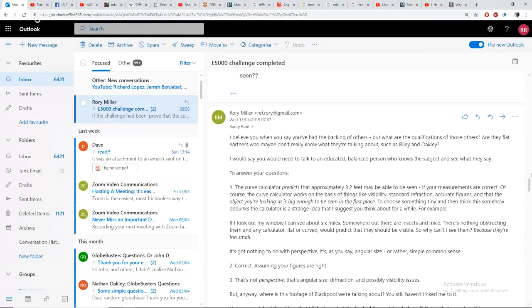Rory, 2019: the curve calculators work on the basis of things like visibility. Of course they do. What a mong, right? Or quote him on that the object that you're looking at is big enough to be seen in the first place. Yeah, of course the curve calculators take that into account. Oh, quote.